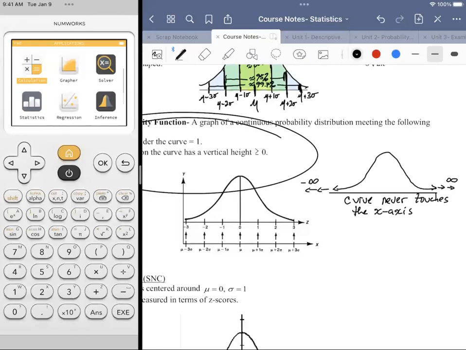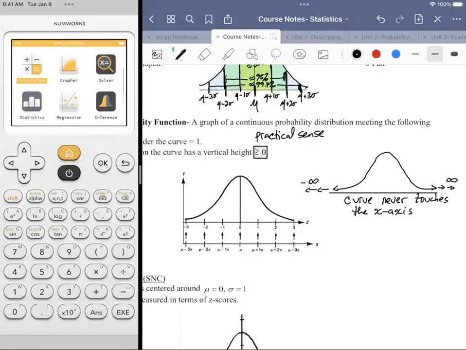All right, so, but what this is saying here, when it says it has a vertical height greater than or equal to 0, and let me get rid of this big circle I drew. This part here is really in a practical sense. All right, sometimes a number can get so small that it's indistinguishable from zero, but it's not technically equal to zero, right?